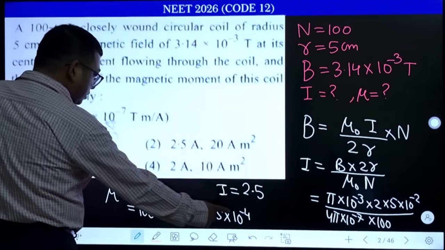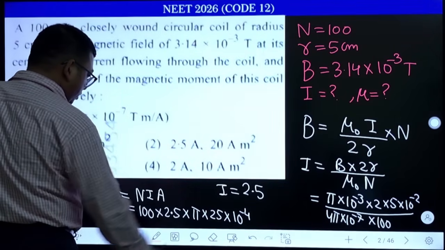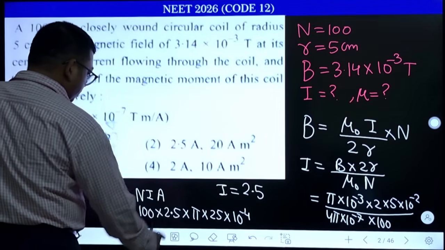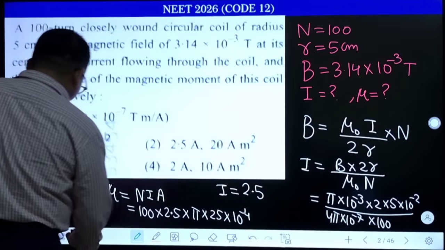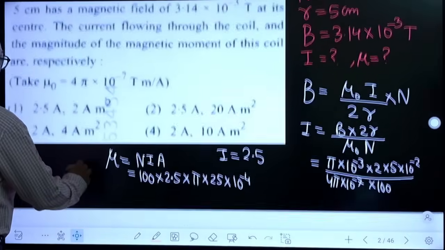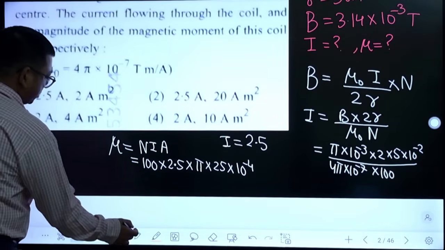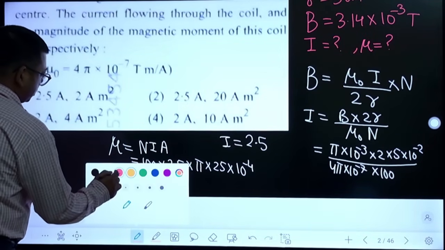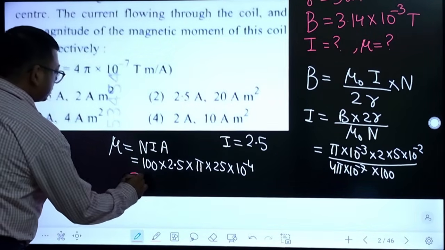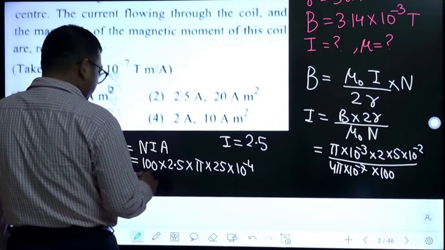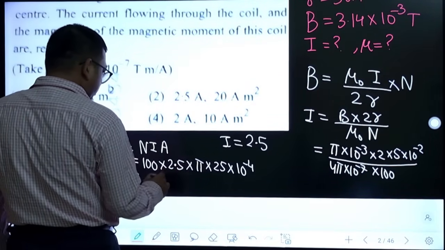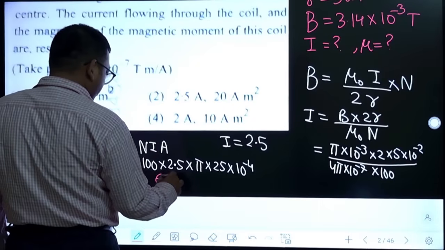So first of all, this 100 will get cancelled from here, right? And this is 2.5 into 25 pi. How much will it come? Check this, approximately or nearly how much it can come. Okay, so this is 25 into 25, 625, right? 625 I will take.